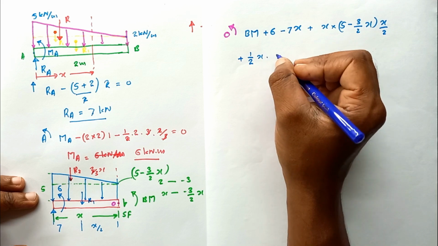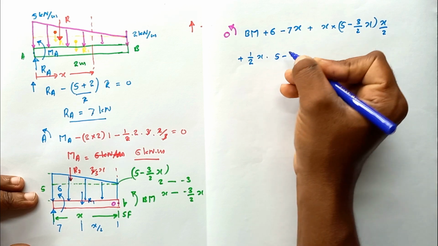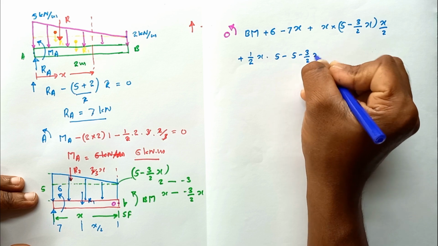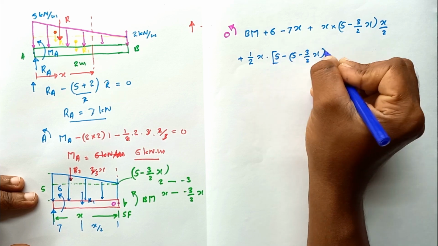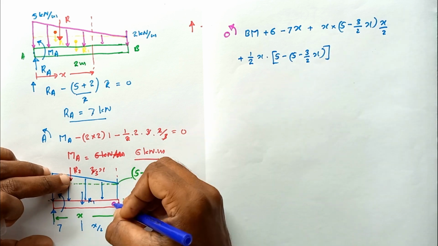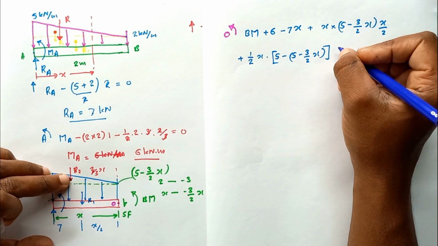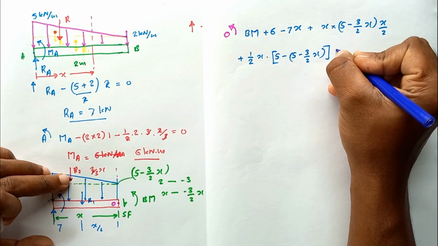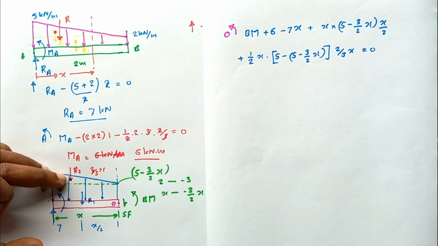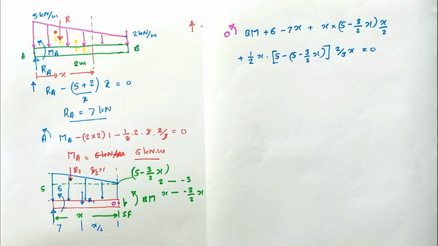This height is equal to 5 minus 3 divided by 2 into x. Then the distance from O point to the line of action of R2, 2/3 of x, is equal to 0.